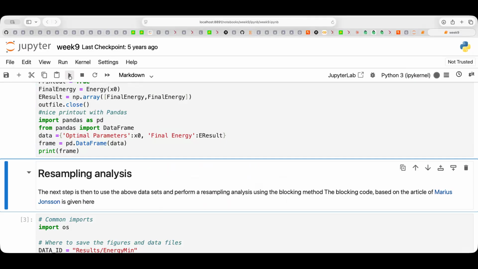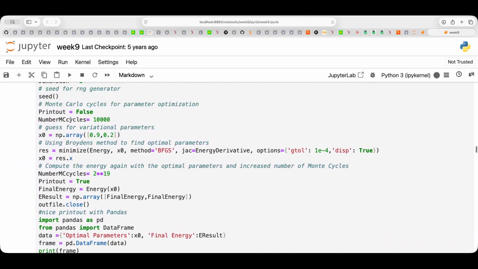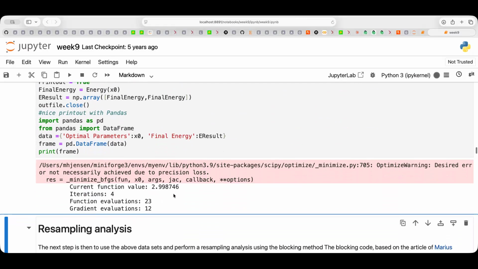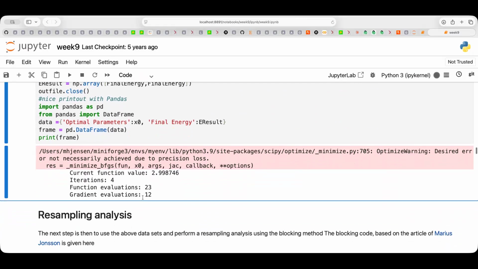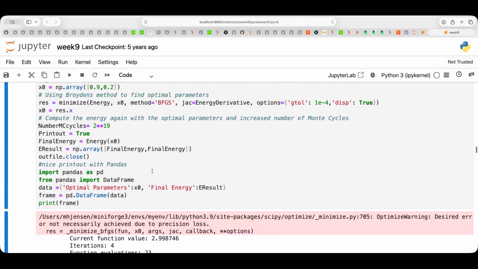And here, what I do is simply run a calculation first where I find the optimal parameters. I do first 10,000 Monte Carlo cycles, with a guess for the initial variational parameters. I let this code run, and in roughly 4 iterations I find the optimal values. This is the function value, which should be 3 exactly. This is the one which I get before I start the large calculation.